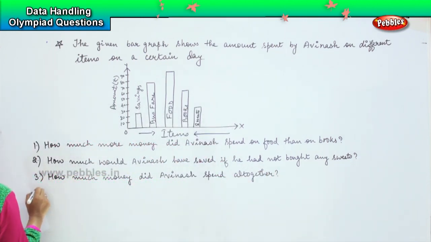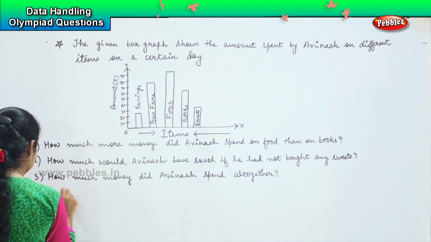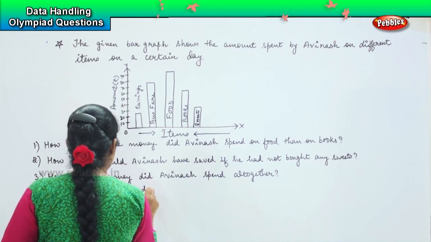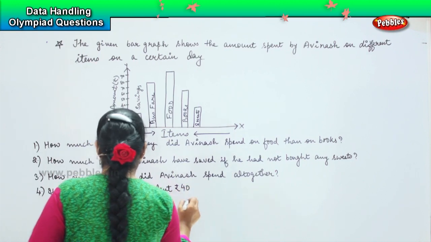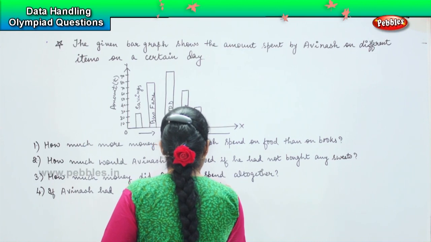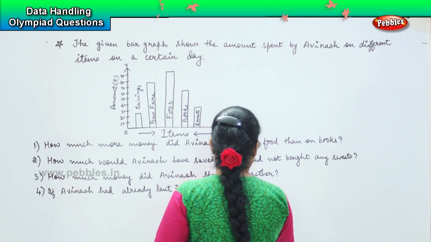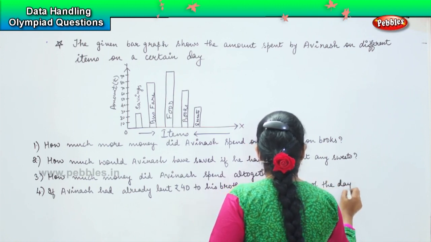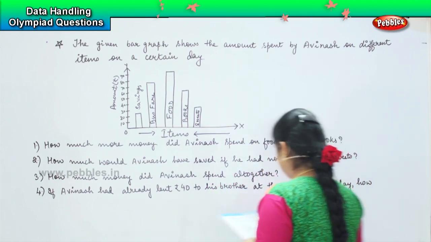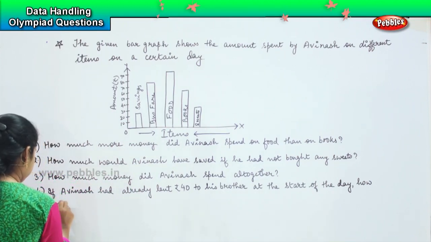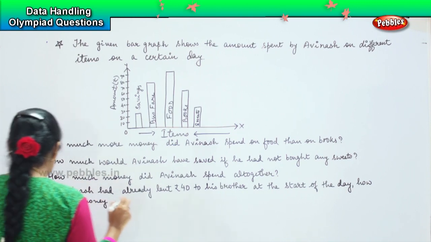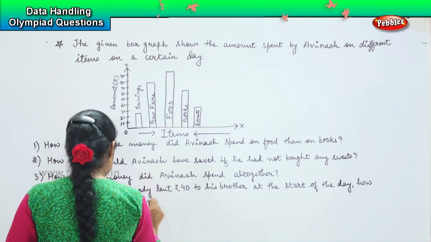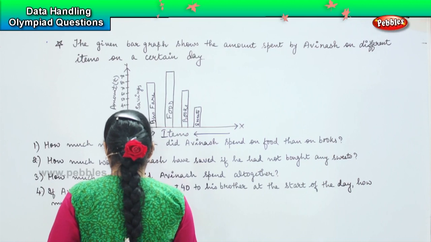Next question. If Avinash had already lent 40 rupees to his brother at the start of the day, how much money did he have at first?